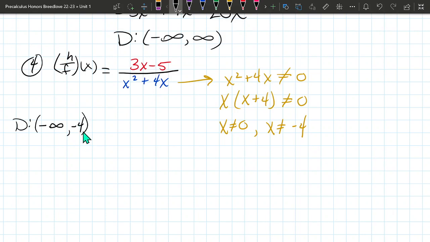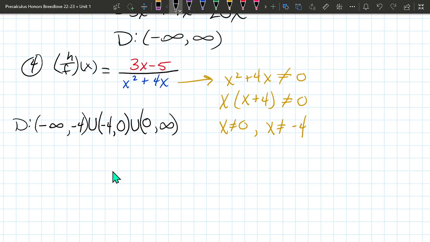It cannot be negative 4, so there's a break. And then union, with as soon as you get past negative 4, you can start your graph again. So there's just a hole there. And then that's going to go until 0, where there's another break, so you have a union. And then from 0 to infinity. So that would be the domain.